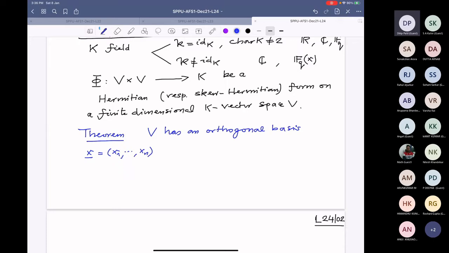Of course, when you say orthogonal, that is with respect to this form phi, that means phi of x_i, x_j is 0 for i not equal to j.